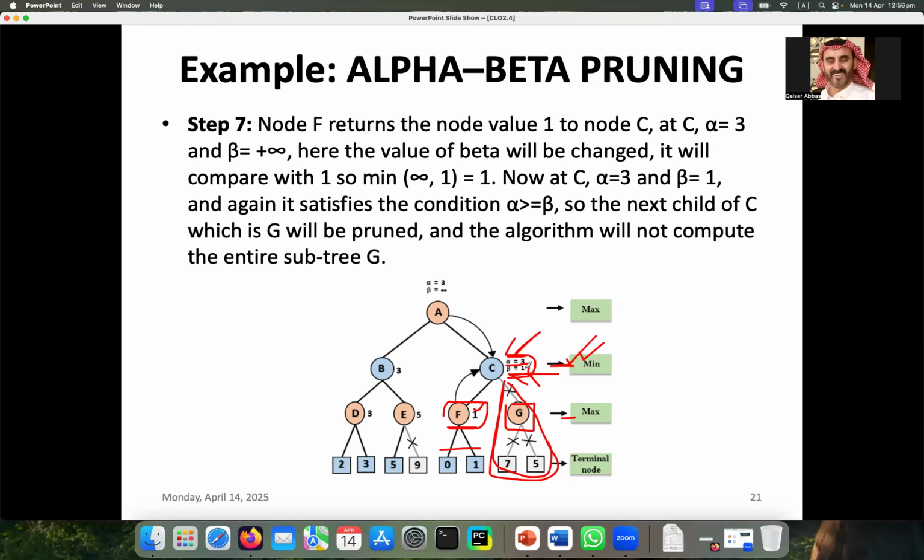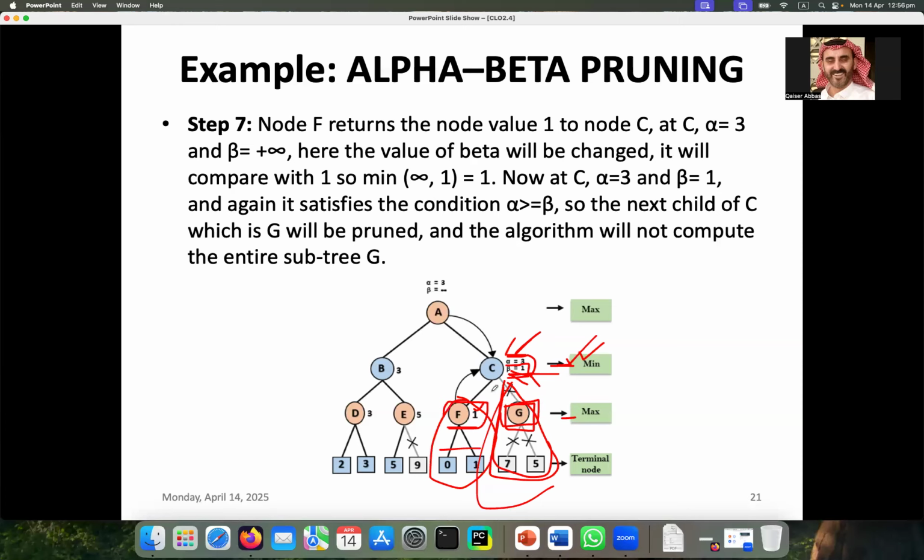If at the max player you get 4, 5, 6, 7, min will not allow that value, because min already has the value 1 due to this branch. That is the reason we don't have to open it up.